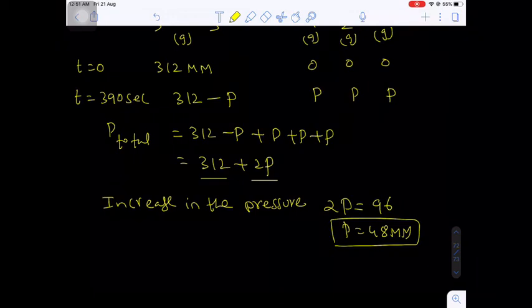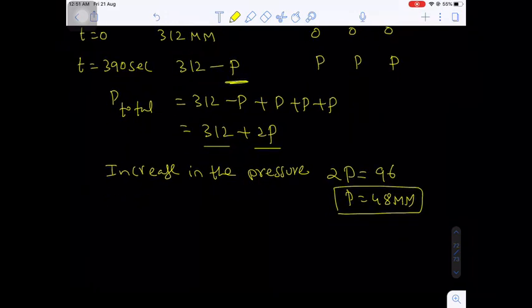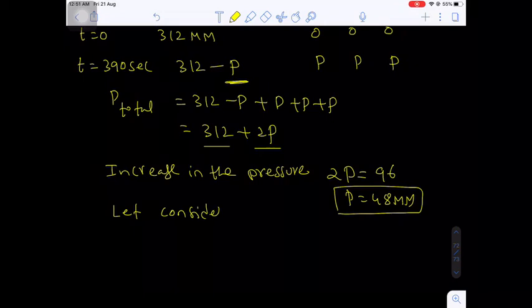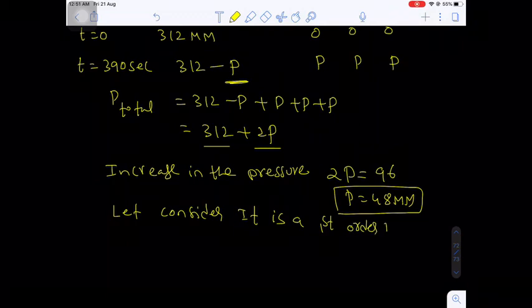Now after we get the P value, we can find the k value. Let's assume it is first order kinetics.